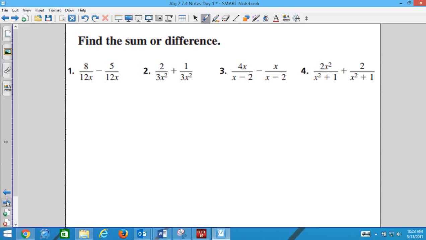Is the 4, I mean, is the x on the bottom, or is it just off to the side? Okay, I just couldn't tell the way you wrote it, so just make it obvious, like draw a line over, but yeah, that's right. Okay, that one's right. 2 plus 1.